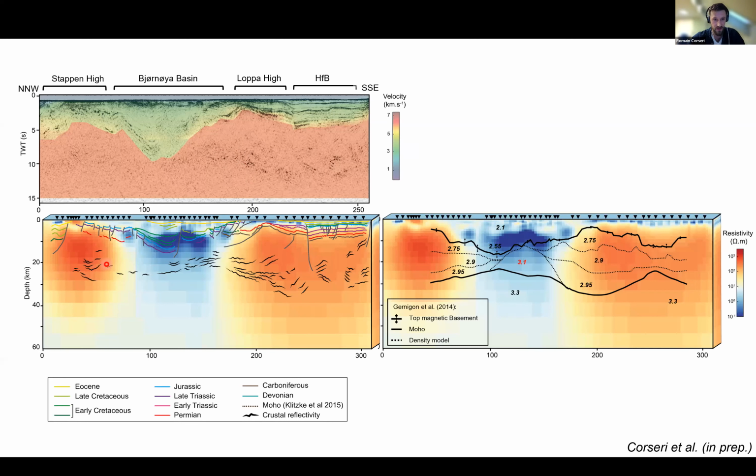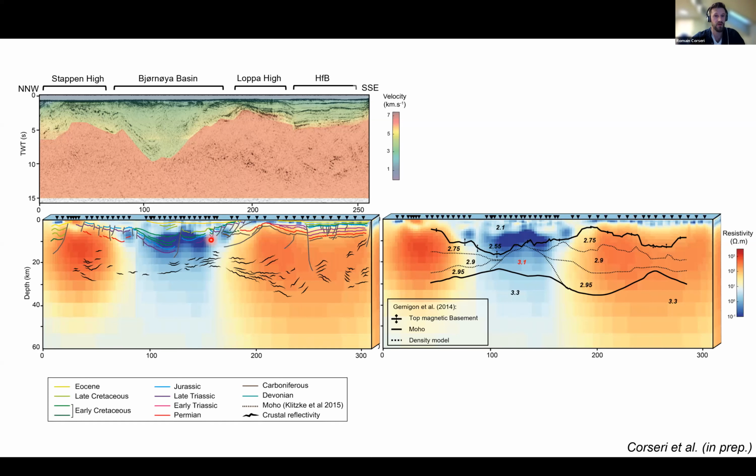What you can see here is, as expected, when the crust thins out and the basin is deep, the crust is hyperextended, and we of course do not recover the resistive crust. Using this seismic interpretation, you can see that the very low resistivity zone below 1 ohm meter is constrained to post-rift sediments that are mainly of Cretaceous age.